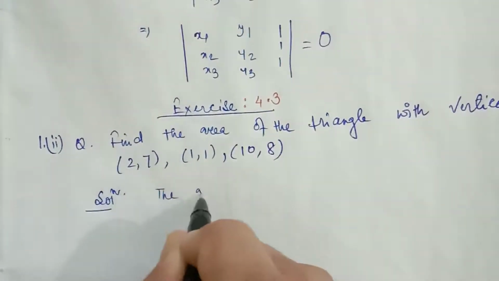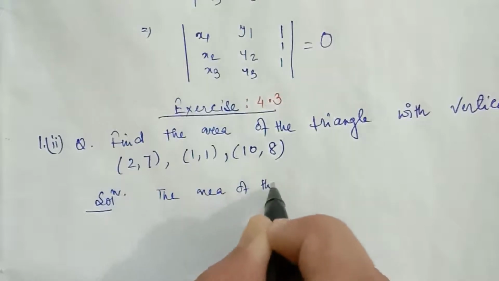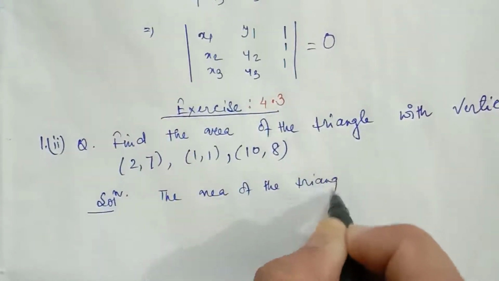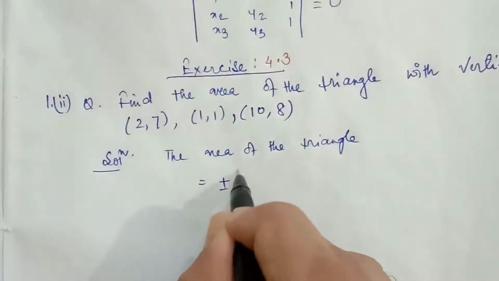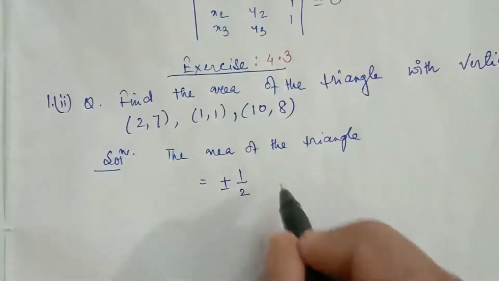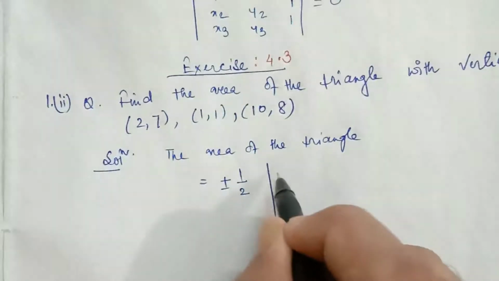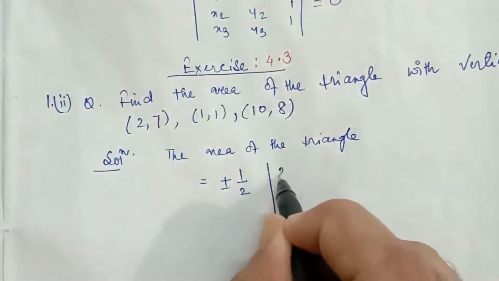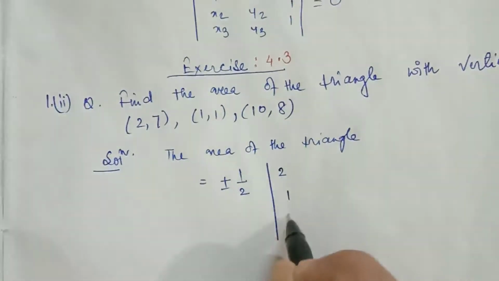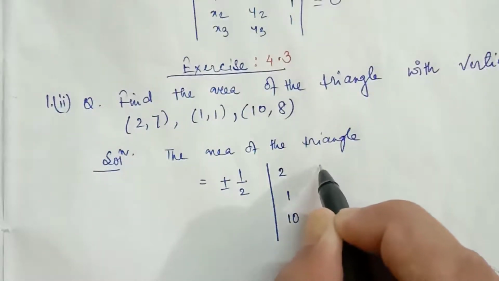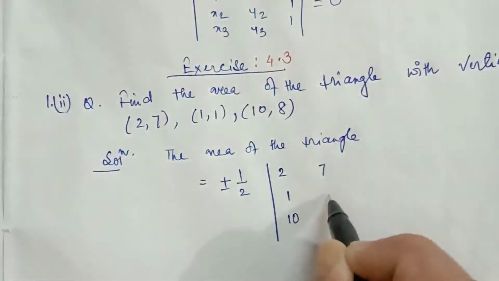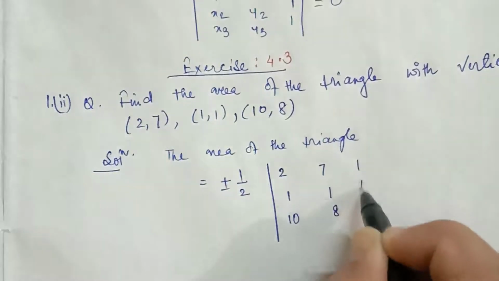The area of the triangle will be, using the above formula, plus minus sign is given to make the result positive, plus minus half. We have to write x coordinates in the first column 2, 1, 10. Next y coordinates in the second column 7, 1, 8 and 1, 1, 1.